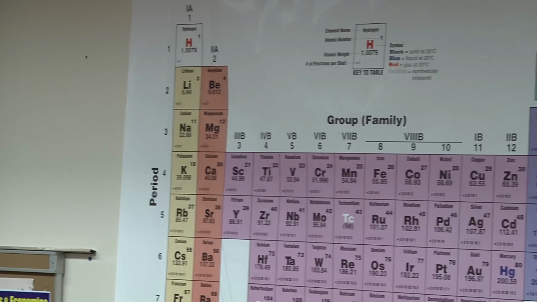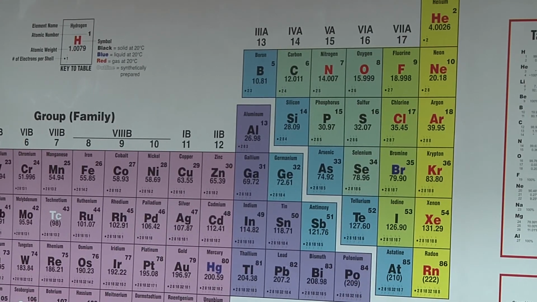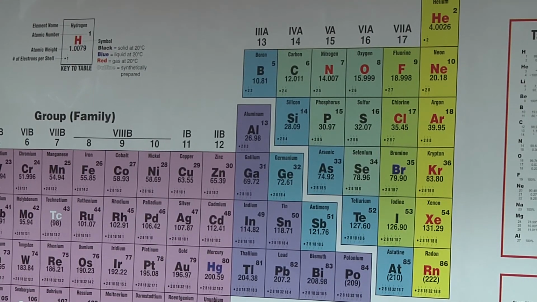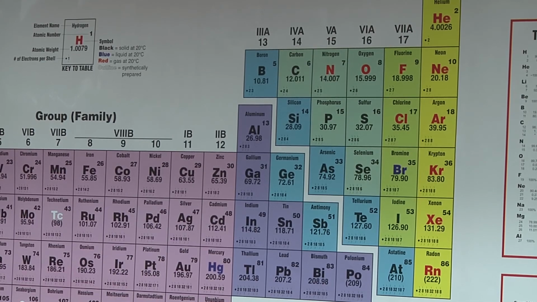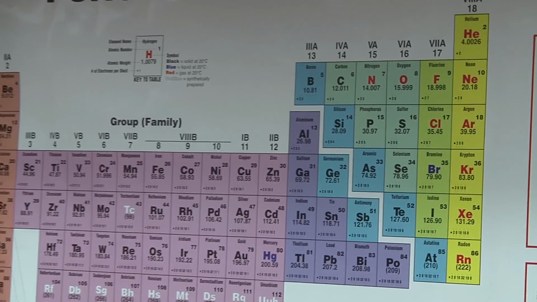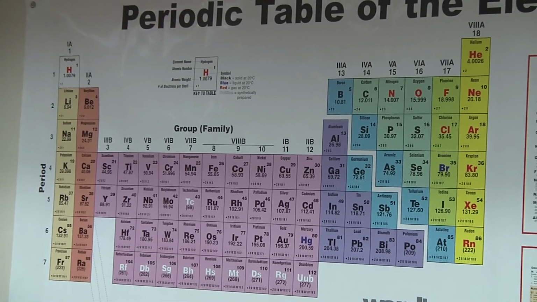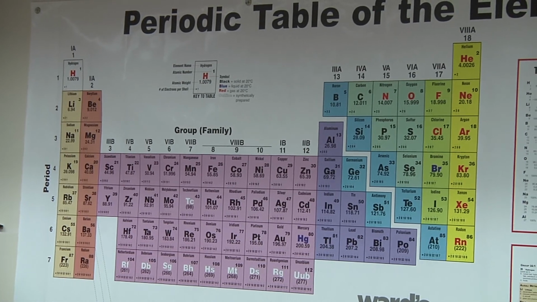Neon has how many valence electrons? 8, because neon is 1s2, 2s2, 2p6. All of the n equals 2 electrons, a 2s plus a 2p, are the valence electrons. And so how many core electrons does lithium have? 2. How many core electrons does neon have?